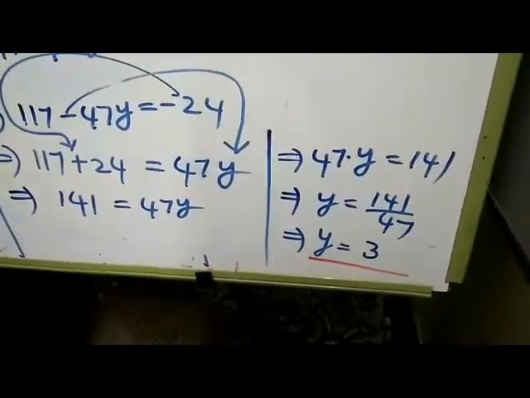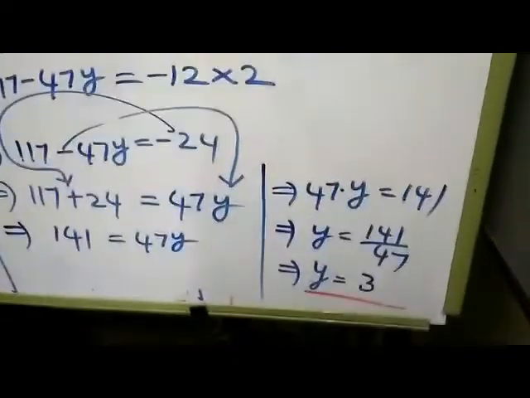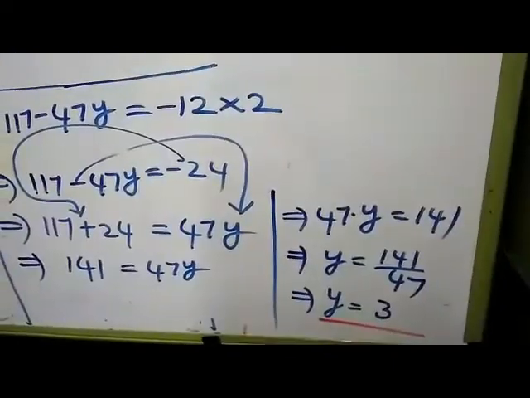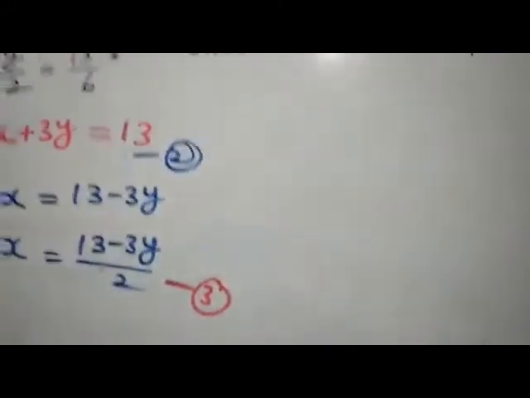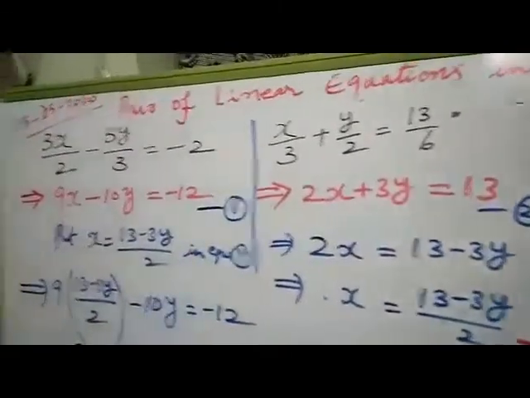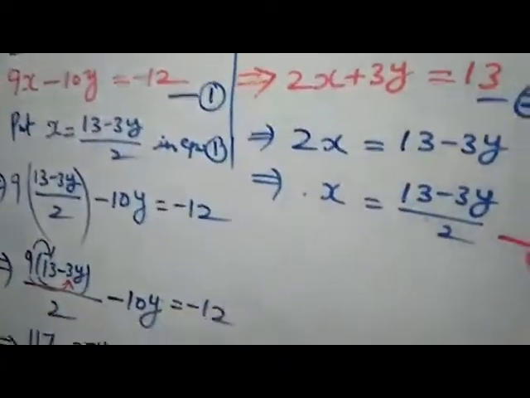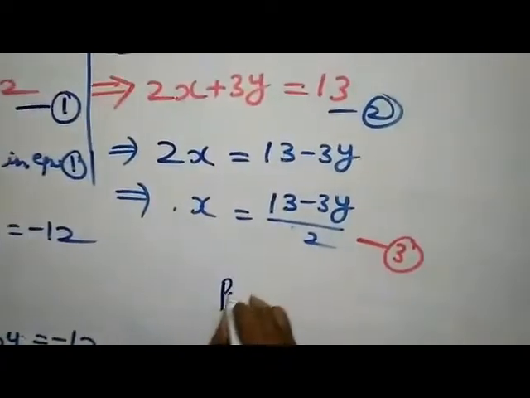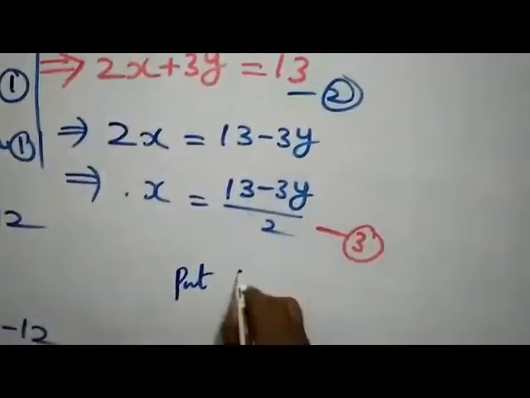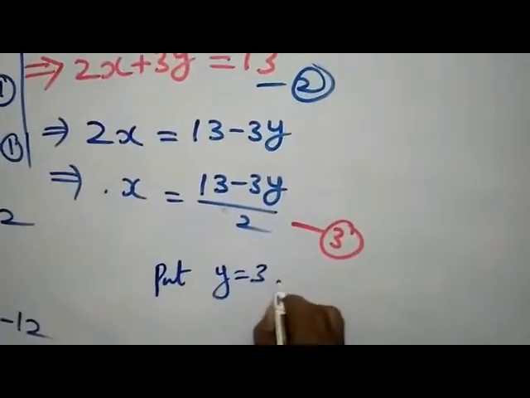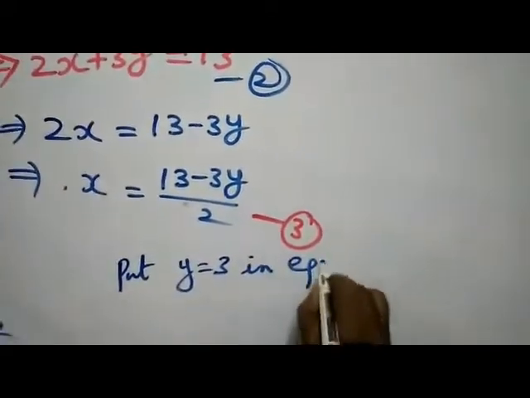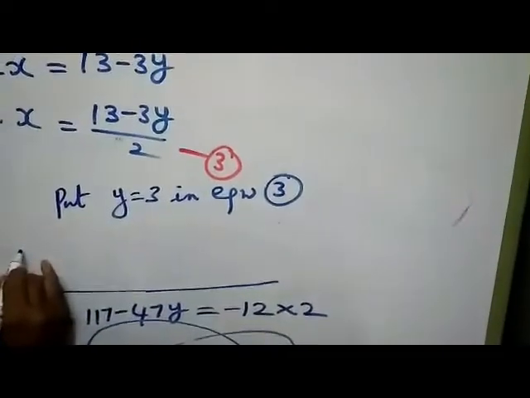Now I have to substitute y is equal to 3 in either equation 1, 2 or 3. Equation 3 is compatible, so that easily I can get the x value. So put y is equal to 3 in equation 3.